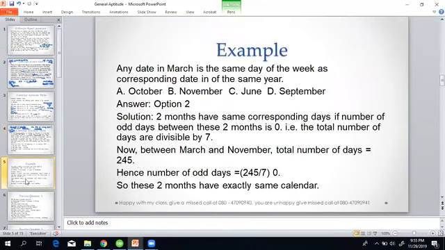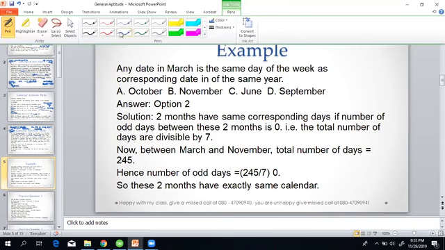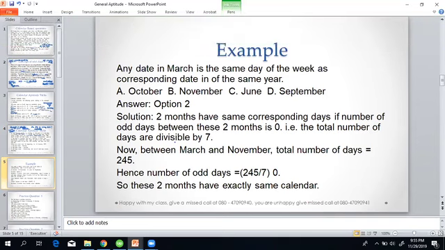Now some examples. Any date in March is the same day of the week as the corresponding date in November of the same year. This means that for the same year, those months have the same calendar.